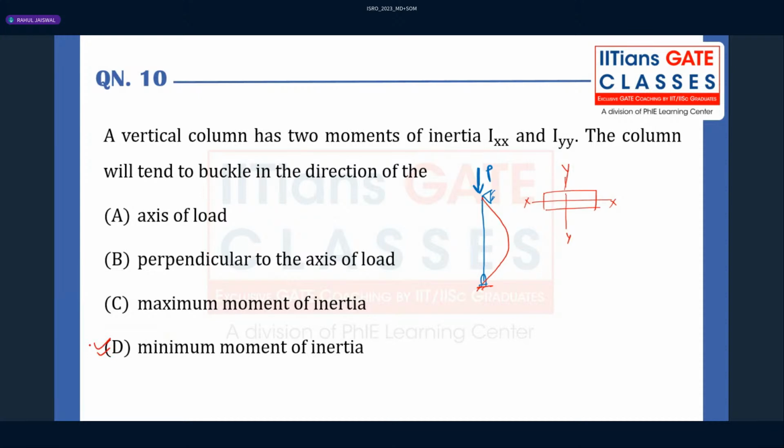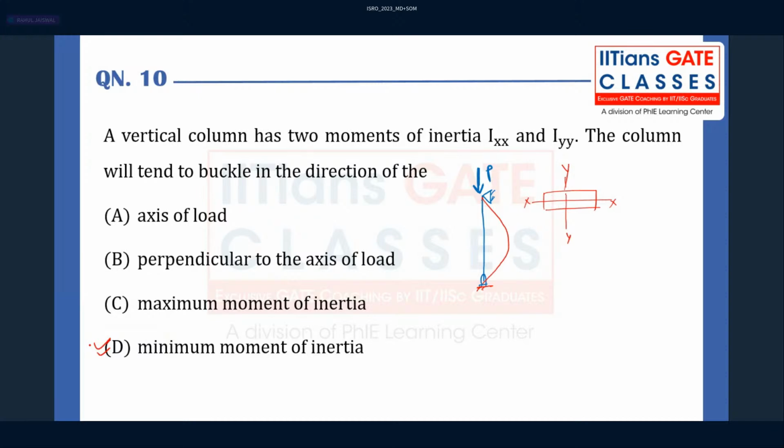Moment of inertia is nothing but one of the geometrical properties of any cross-section, any particular material you take, right? We also call this the second moment of area. Its physical significance is that it is the resistance to any moment acting on a particular material.